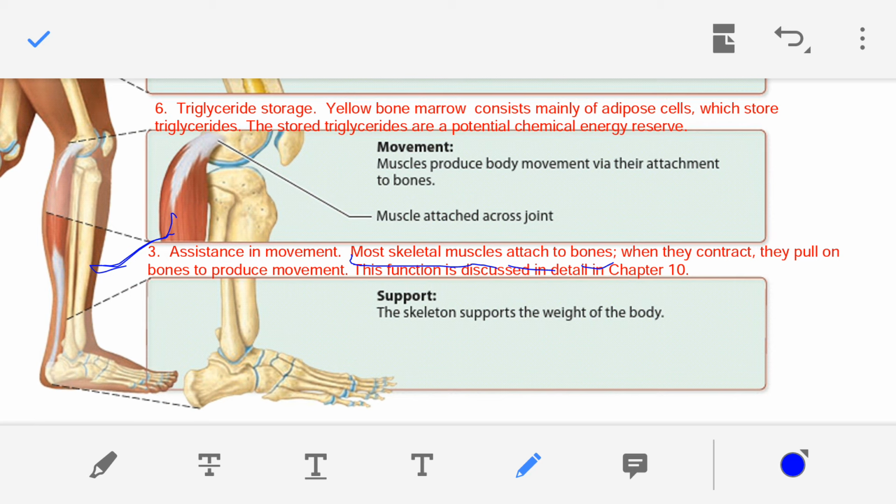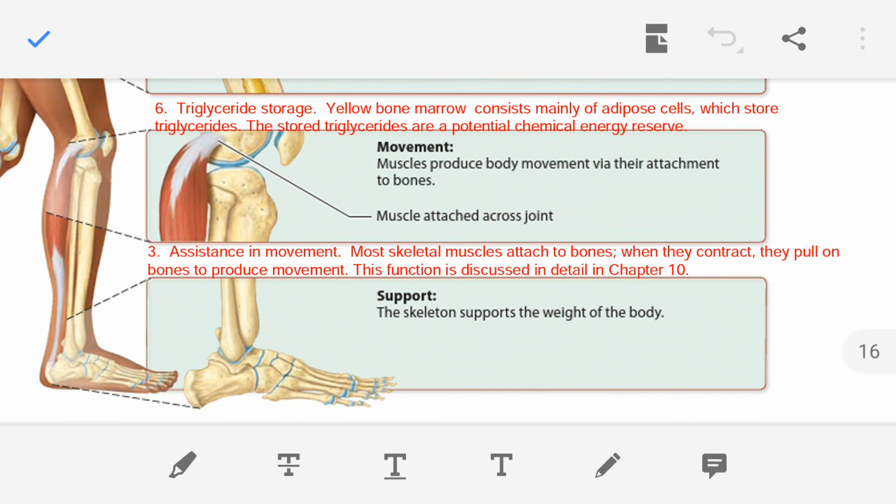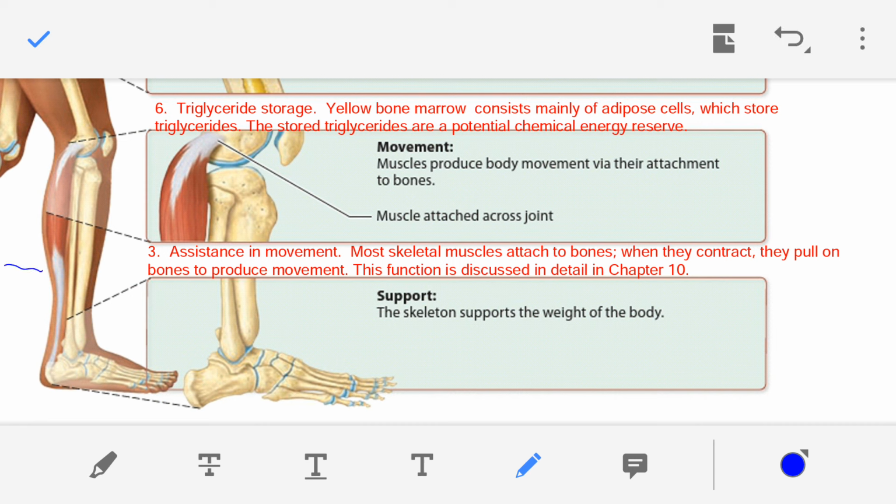When the skeletal muscles contract, they pull on the bone to produce movement. Once again, as we can see in the figure here, the skeletal muscles are attached to the bone, and when the skeletal muscles contract, they pull the bones, and when the bones are pulled, we are able to produce our movement.